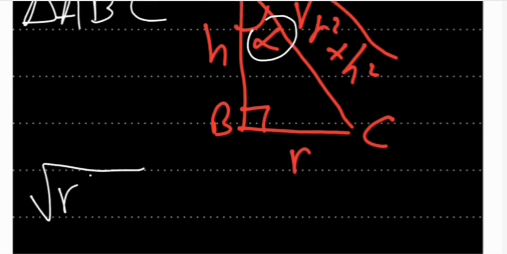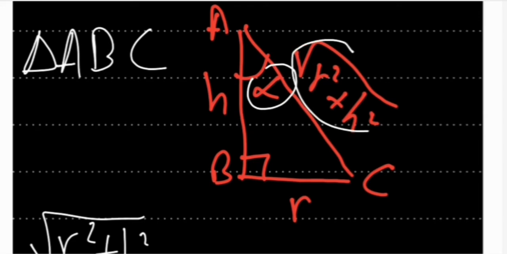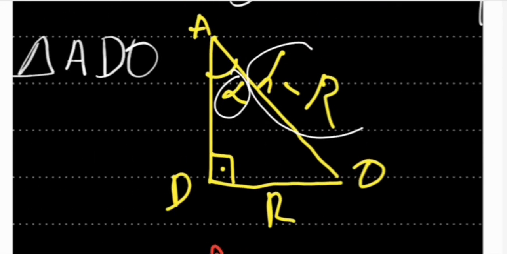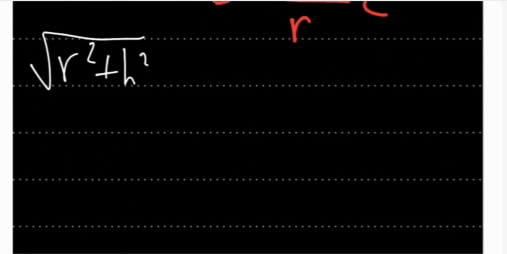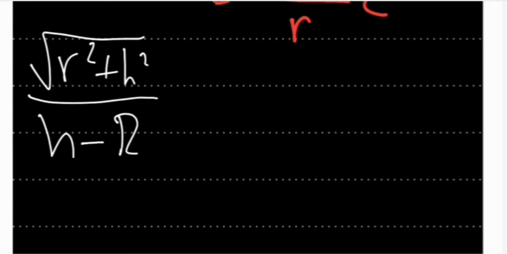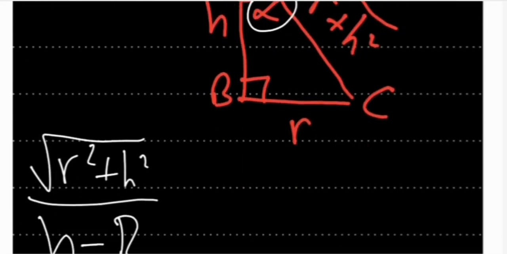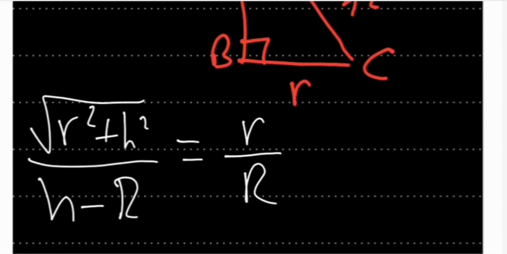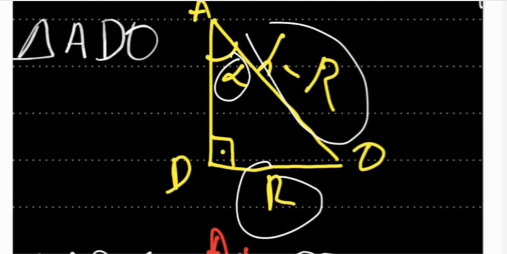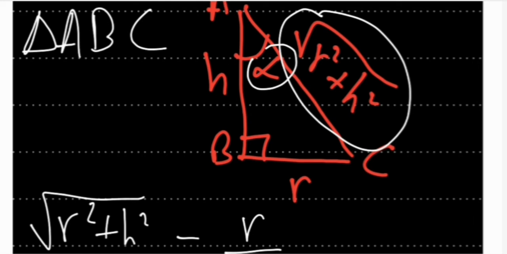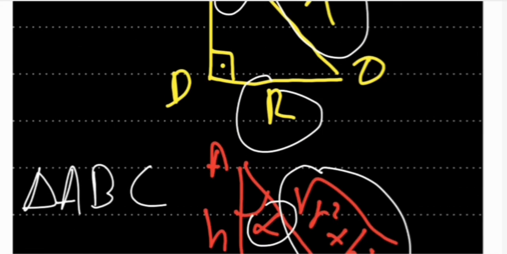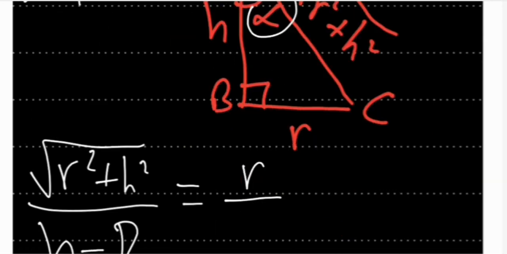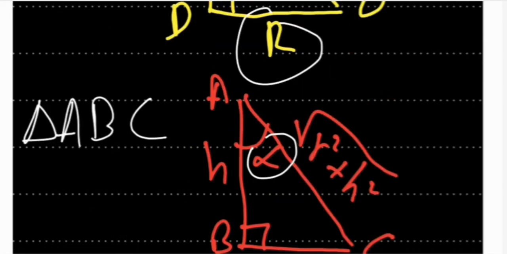Well, the square root of r squared plus h squared divided by h minus big R must have a proportionality to small r divided by big R. So I divided this side by this side, and this division must be equal to this side divided by this side. Okay, so just similarities of triangles.